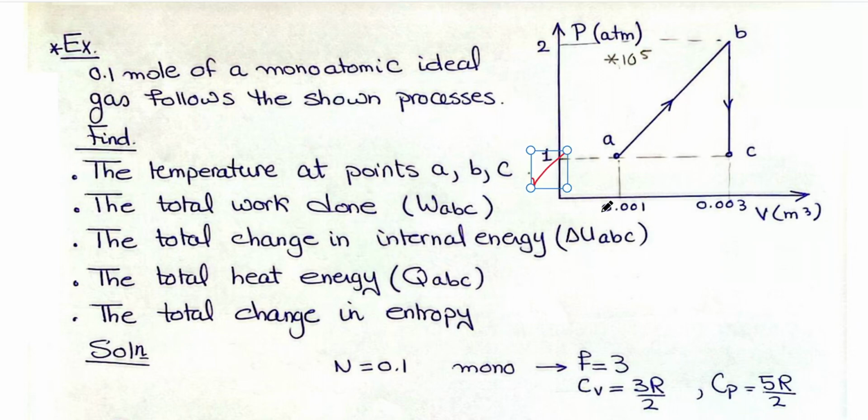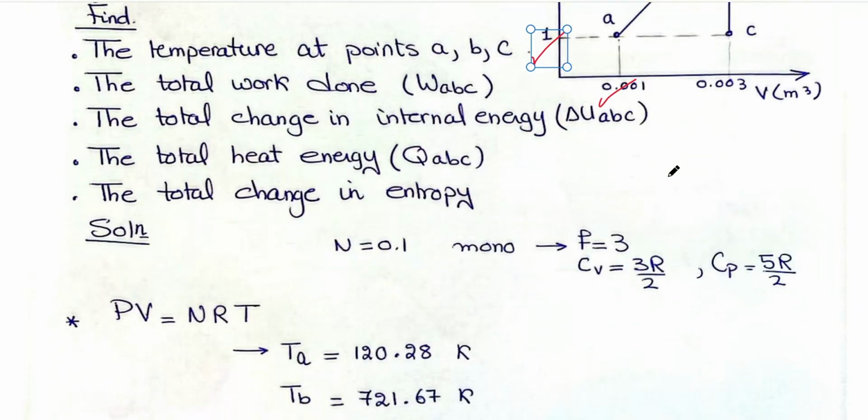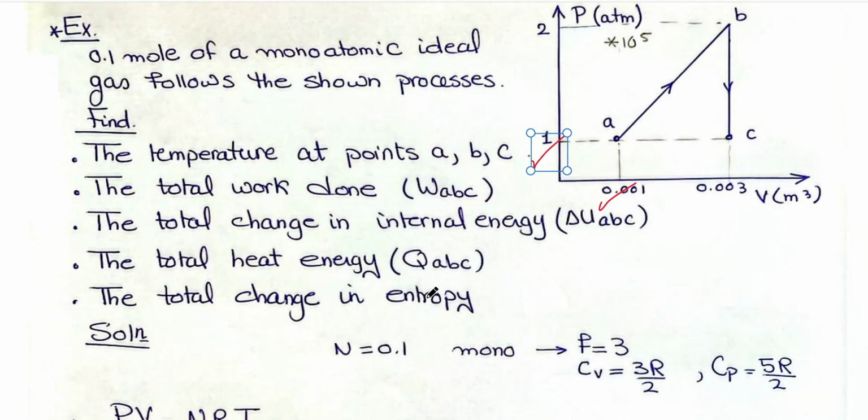To get the temperature, let's examine point 1. I have pressure, I have volume, so I can get the third parameter, temperature, by substituting in the state equation. Similarly, you can do the same at point B and point C because the pressure is known and the volume is known. So at each state, you know the pressure, the volume, and also the amount of gas.